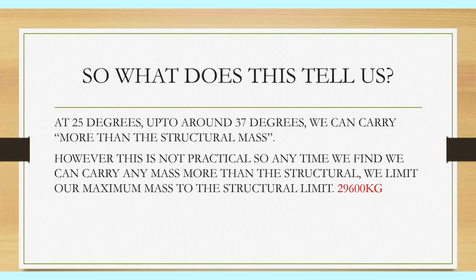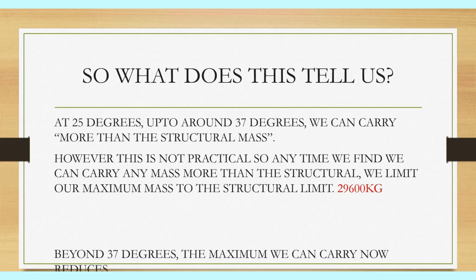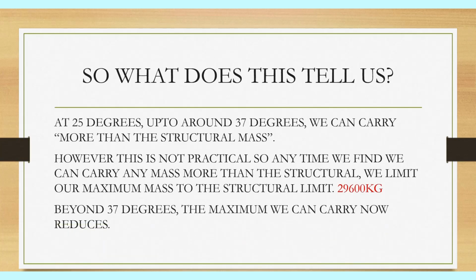Okay, so that part is done. So the maximum weight we can carry is 29,600 kilograms. But remember, our weight is way less than that. So it means that we are quite okay. So beyond 37 degrees, as I've just said, if you go back to the chart, the maximum we can carry now reduces. And that you can actually see when you draw the lines.